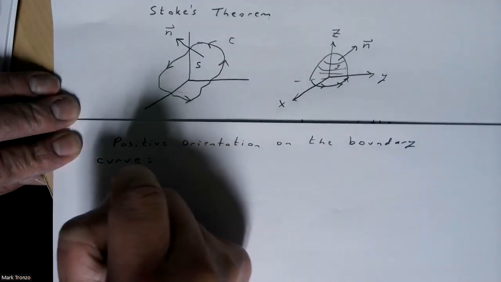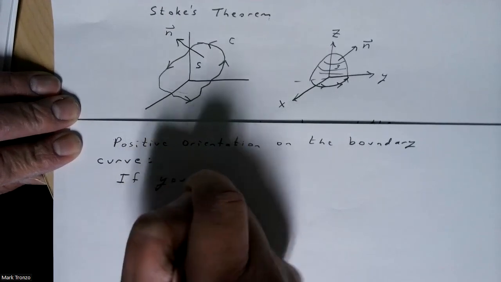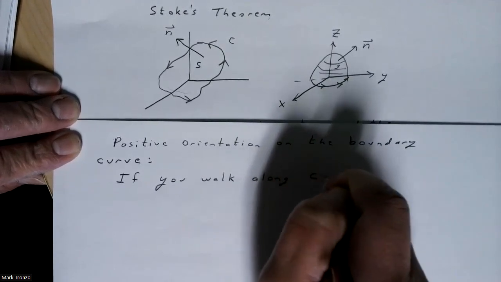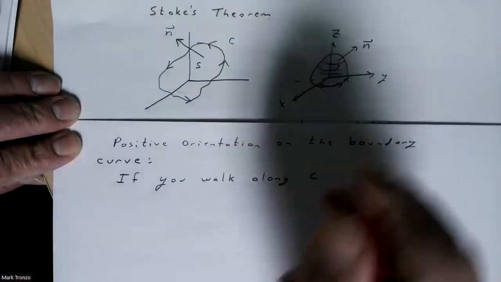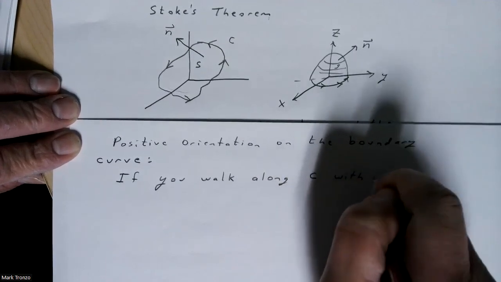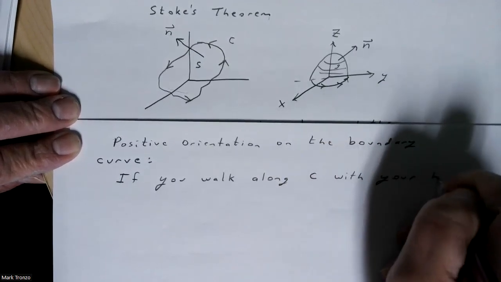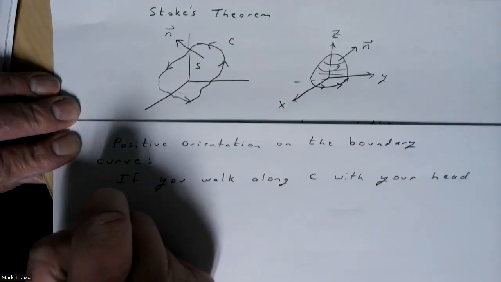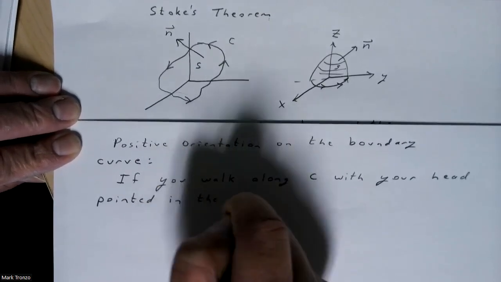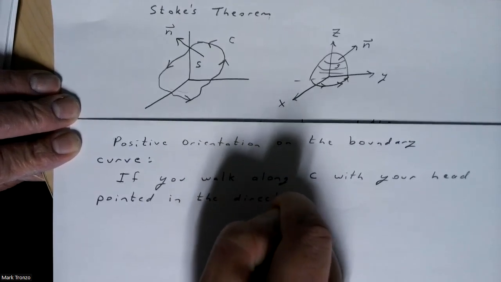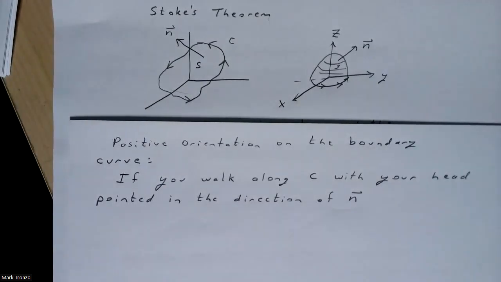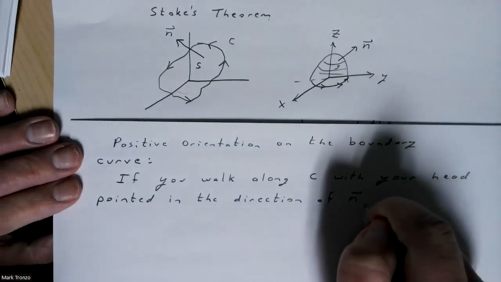If you walk along C with your head pointed in the direction of the normal, then the surface will always be to your left.